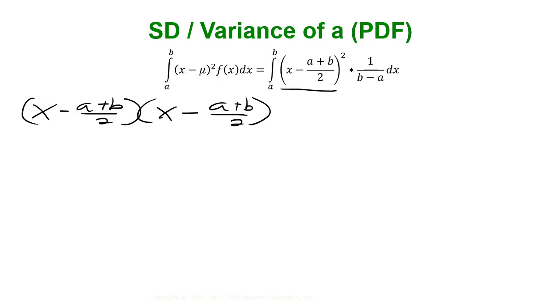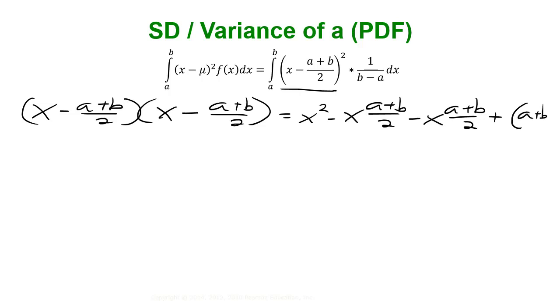So you get x times everything, right? Gives you x squared minus x times this whole (a+b)/2, right? Then you take this through, so you get minus another x times (a+b)/2. And then finally, this one times this one gives us plus ((a+b)/2) squared.